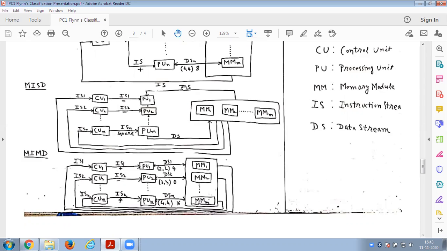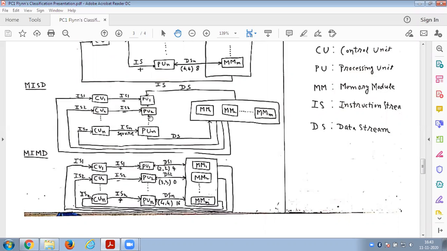For example, 2 is coming. Then plus operation will be performed, 2 and 2 will be added, 4. Suppose after that multiplication or minus or square is to be done. Then processing unit 2 will perform the next operation on the same result. Output of processing unit 1 is becoming input of processing unit 2.